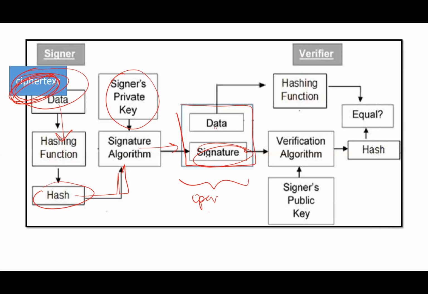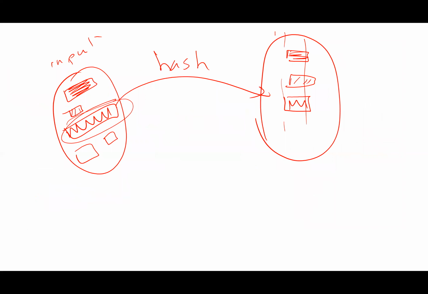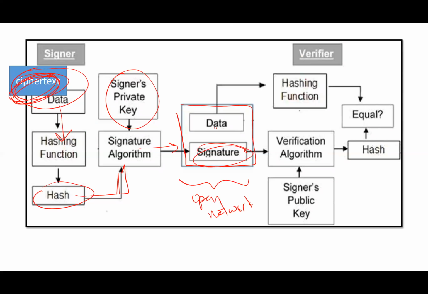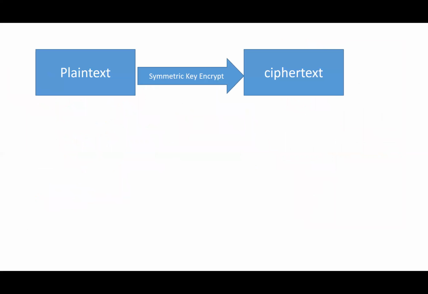Now this is over the open network. So you notice why I encrypted my data. I don't want to send my data over an open network unprotected. That's why I encrypted it first, using AES or whatever.